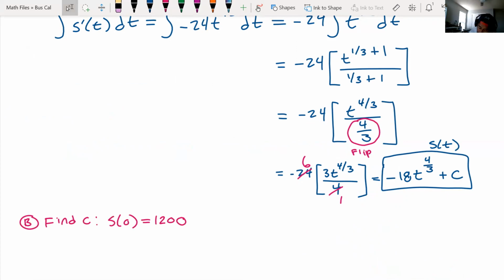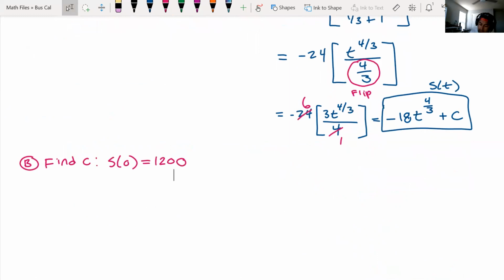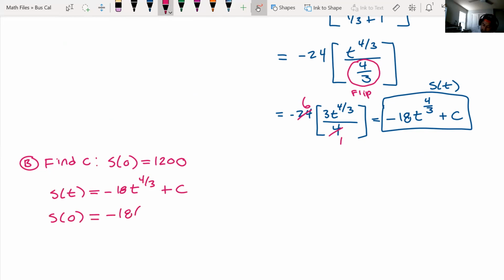Oh, this is going to be really easy. So use that clue. And first off, let me rewrite our S of t, negative 18 t to the 4/3 plus c. This means you'll plug in 0 for t, and you'll get negative 18 times 0 to the 4/3 plus c. But no matter what, that becomes 0.